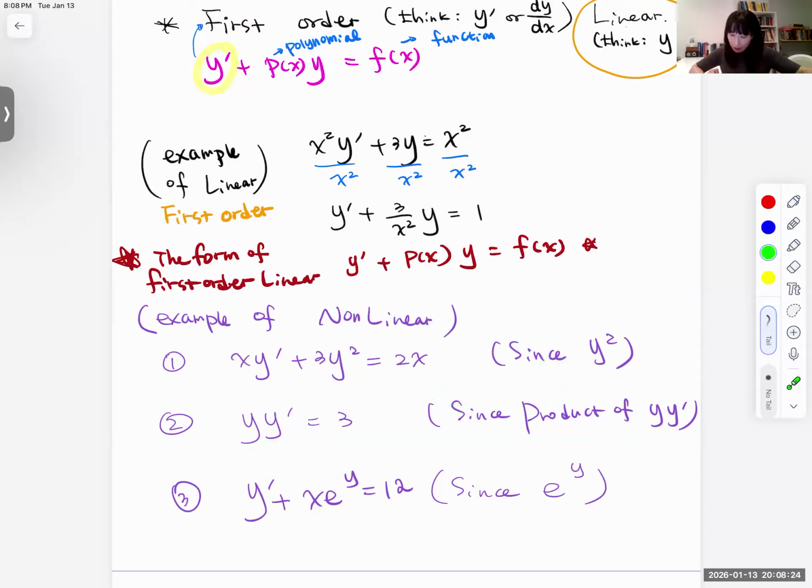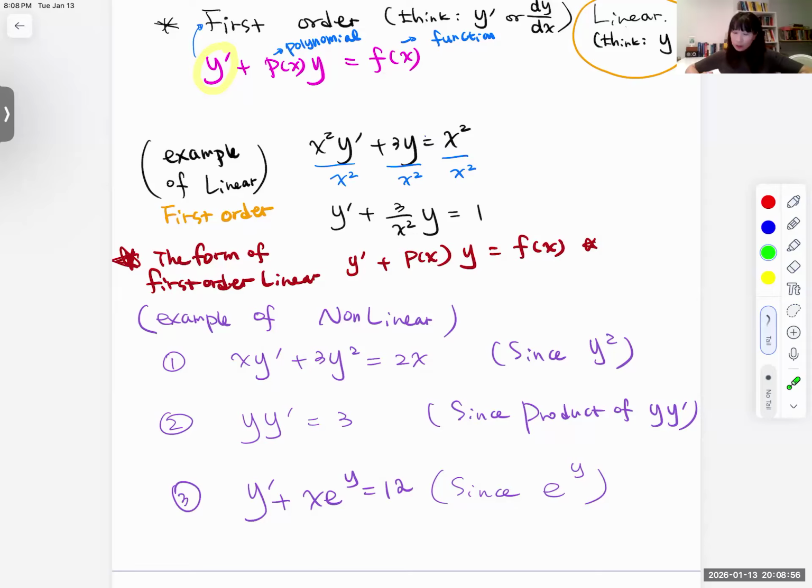Here we don't see y as linear, because we have an exponential function e to the y. So this is non-linear, but it's first order, because we see y prime. Make sense? All right.